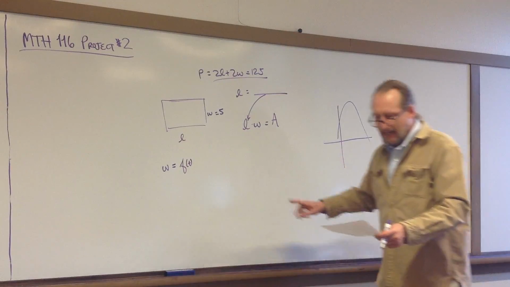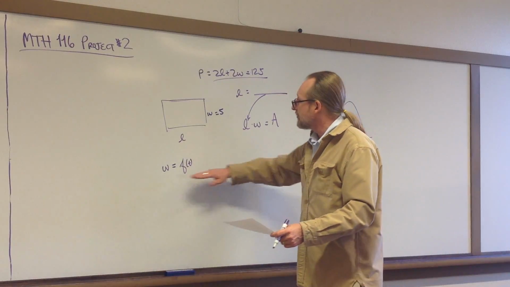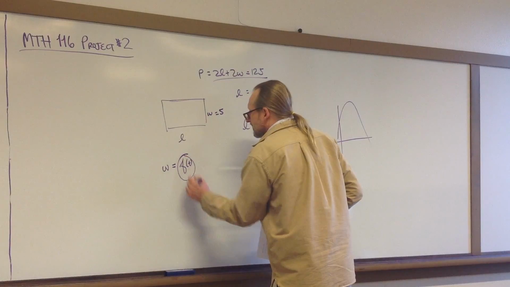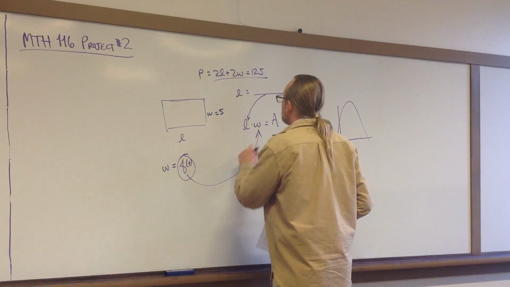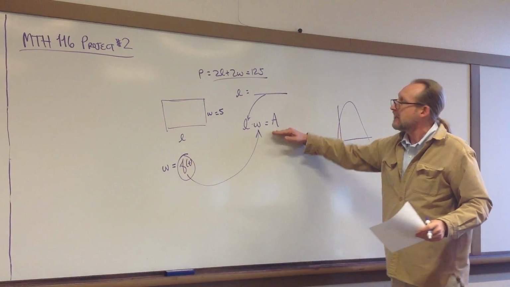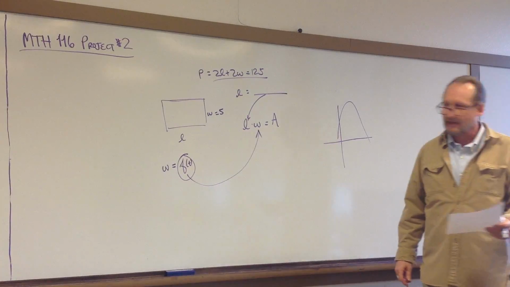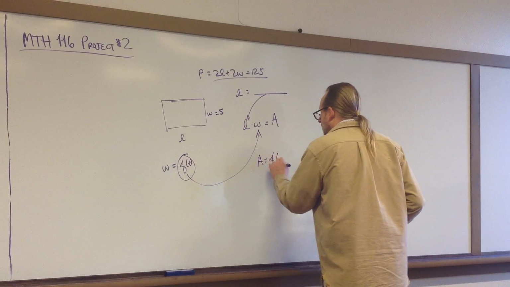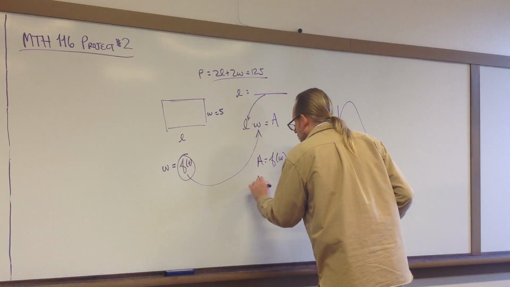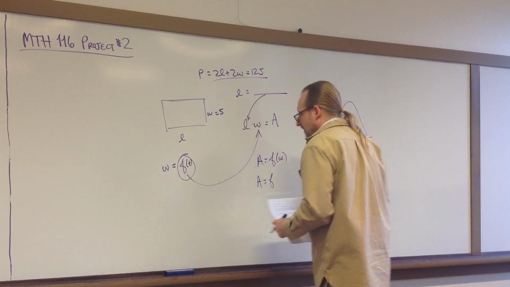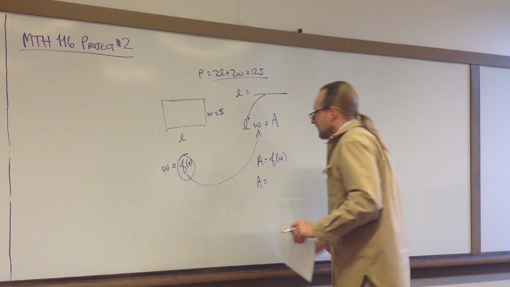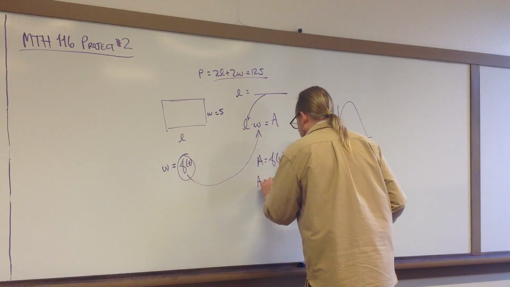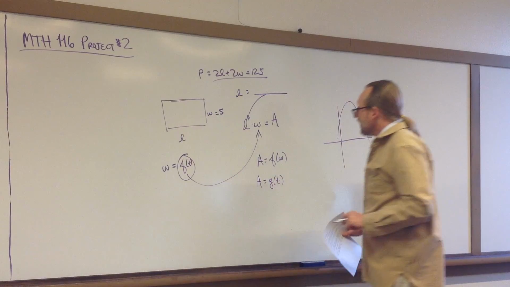Okay, once you've got that, that's part B. Now take that and plug it in wherever you've got a W in your area formula. So now we're going to have the area as f of W, then we're going to have an area, I'll use a G function because I've already used f over here, as G of t.